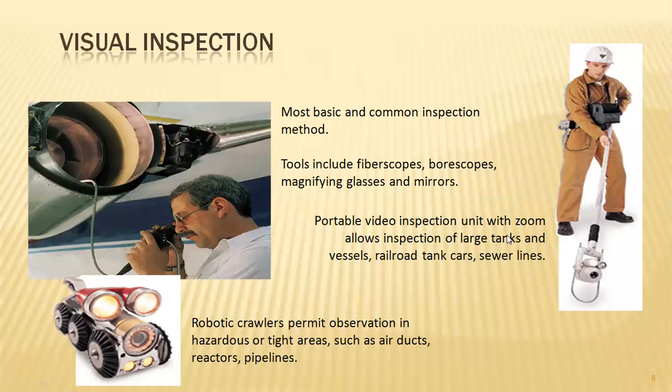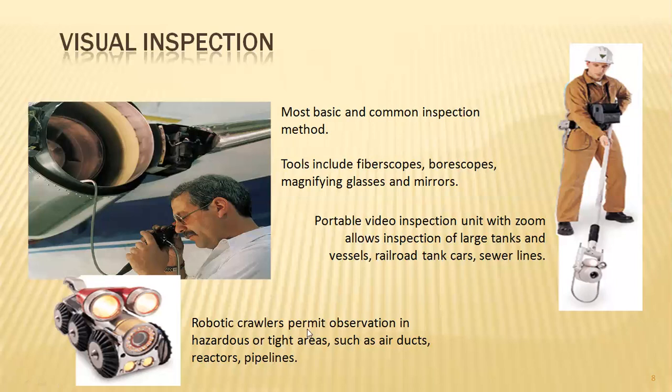The portable video inspection unit with zoom allows inspection of large tanks and vessels, routes and sewer lines. With this capturing concept, the display gives perfect results with the help of the internal connectivity, that is, the bus interface unit connectivity from the inspecting zone to the visualizing zone.